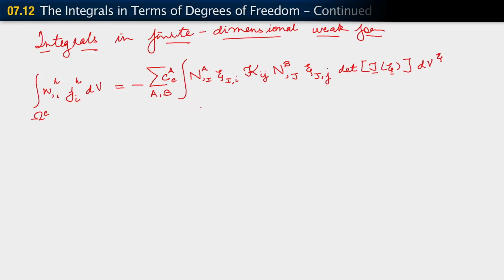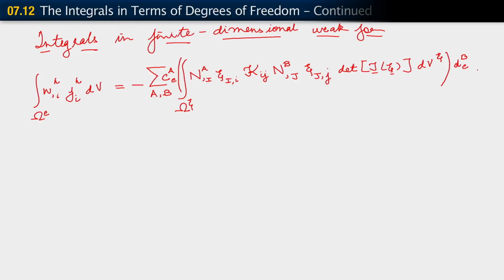The integral here can now properly be written as an integral over omega xi. We recall that this is the integral which we enclose in parentheses, and we have here dB_e.